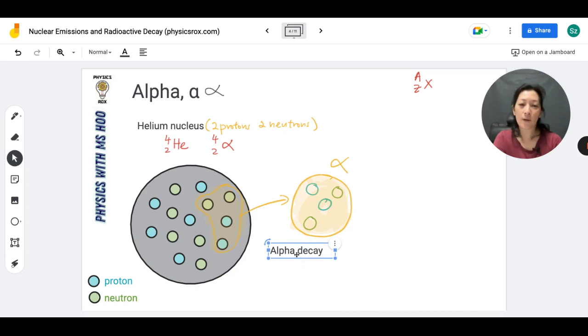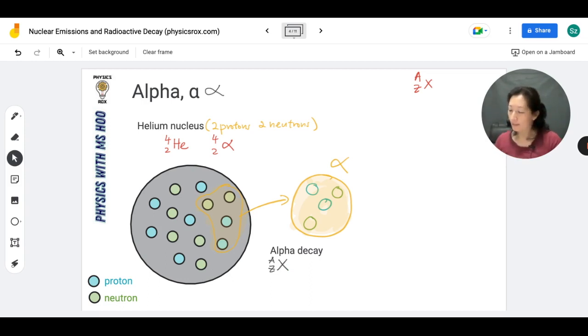So I'm going to write the general equation over here first. Assuming that this radioisotope is AZX, I'm going to write here AZX. This particular radioisotope is going to release an alpha particle.